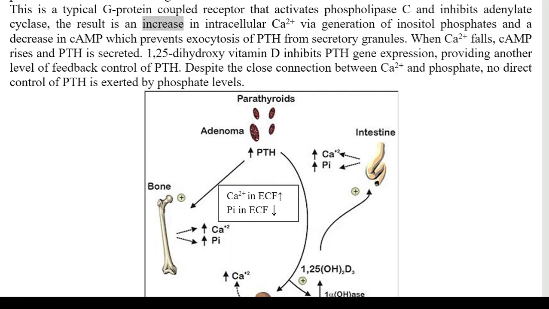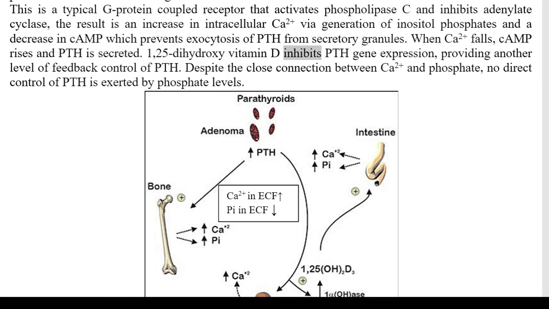The result is an increase in intracellular Ca2+ via generation of inositol phosphates and a decrease in cAMP, which prevents exocytosis of PTH from secretory granules. When Ca2+ falls, cAMP rises and PTH is secreted.